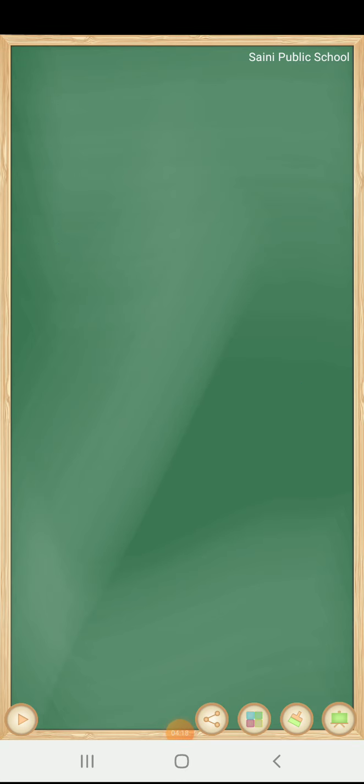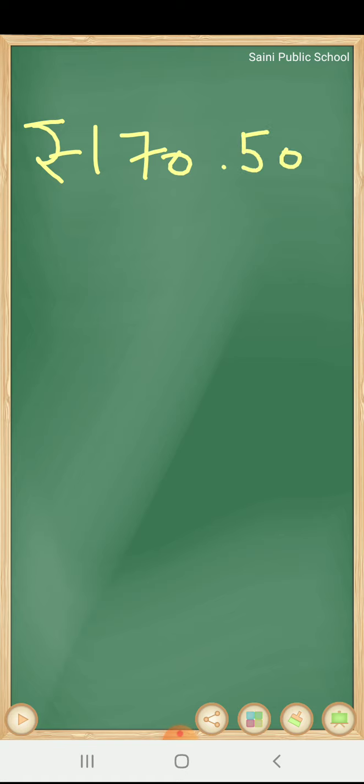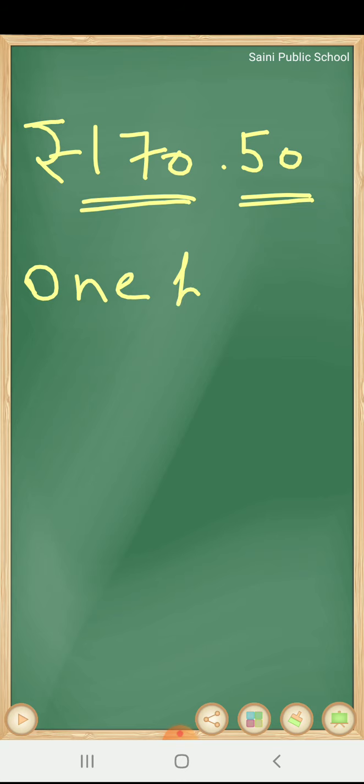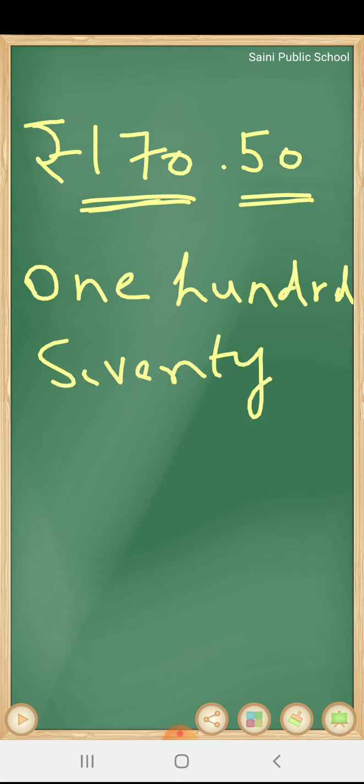Now the next example. Suppose I want to write 170.50. How will I write it? We will use rupees and paise, and we will use 'and' to separate the two numbers. So first of all we will write rupees, 170.